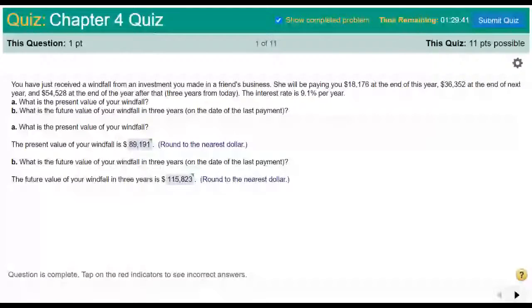Okay, so this right here, this one a lot of people got wrong. Let's go over this one. Now, I'm going to tell you something. If this answer is wrong, this answer is going to be wrong. So what we need to do here is to get the present value of each payment: the present value for 1 year, for 2 years, and for 3 years.